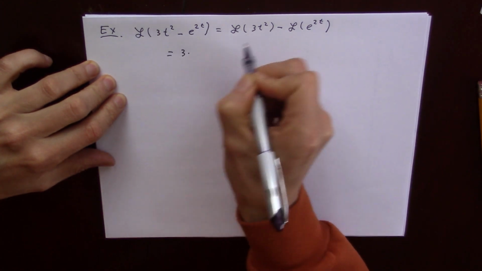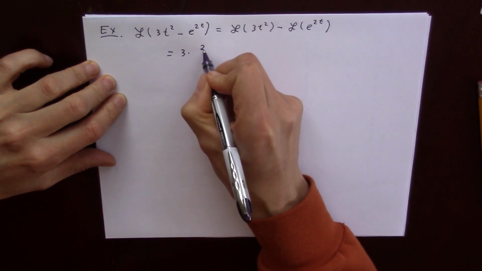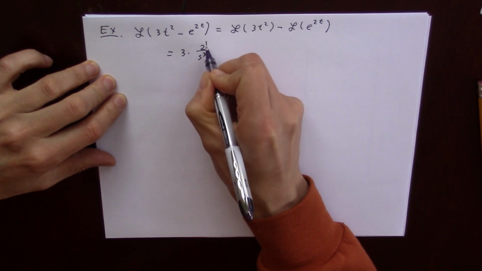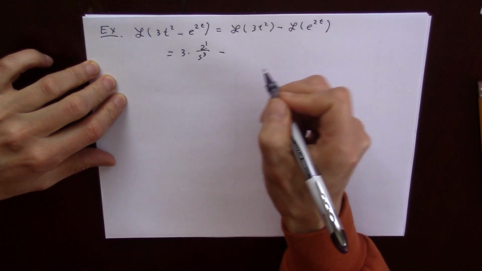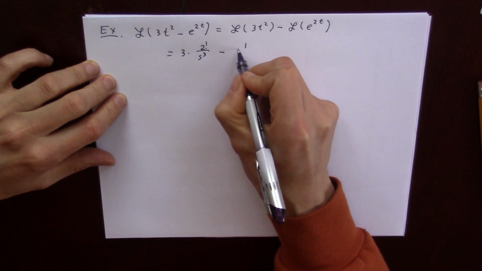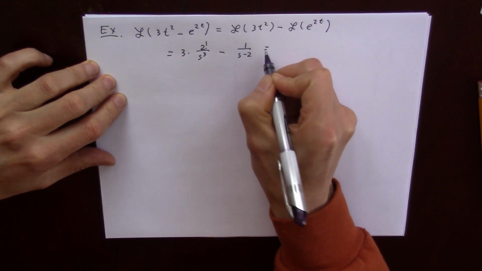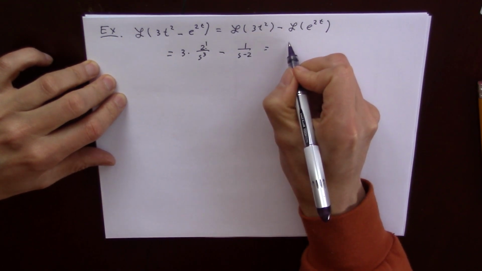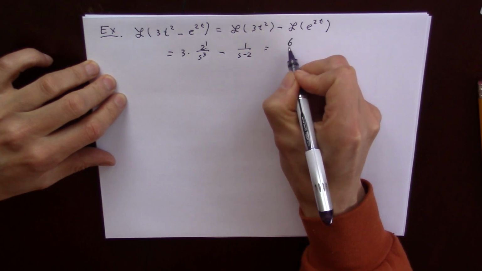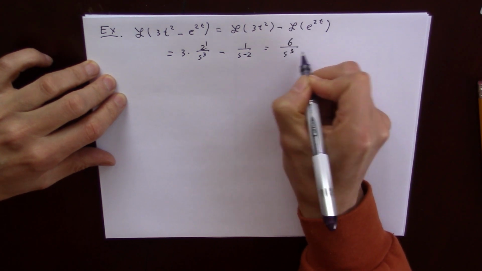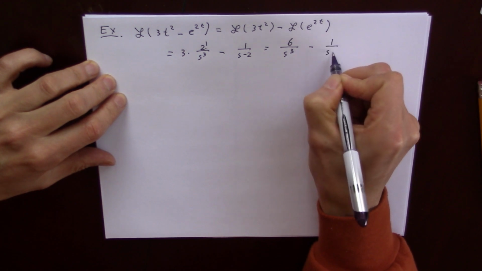Take 3 out. Laplace transform of t squared is 2 over s cubed, 2 factorial, minus Laplace transform of e to the 2t is 1 over s minus 2. Simplify that expression a little bit. 3 times 2 factorial is 6, so 6 over s cubed minus 1 over s minus 2.